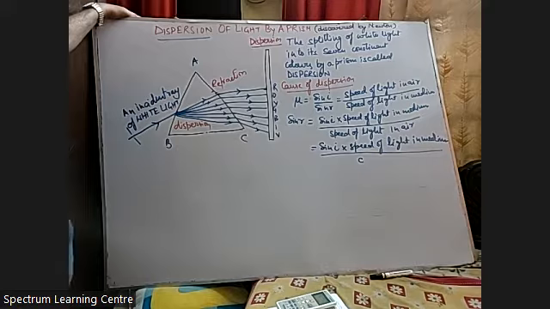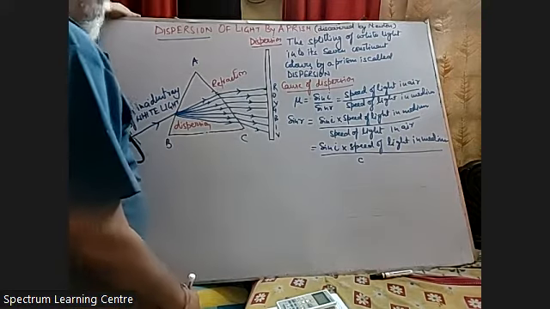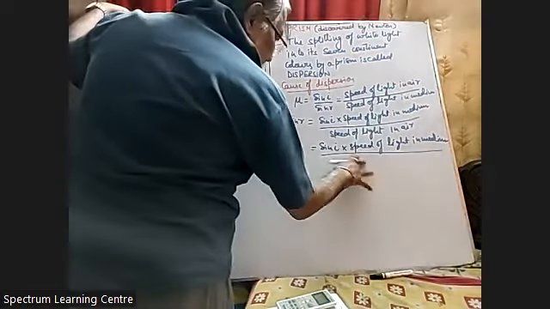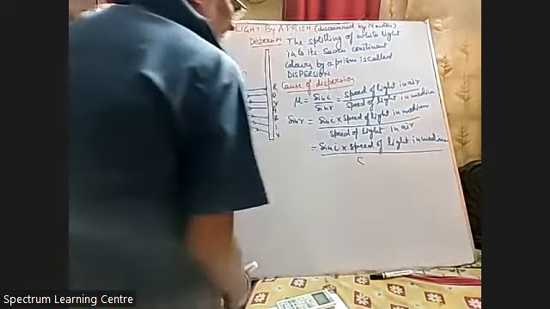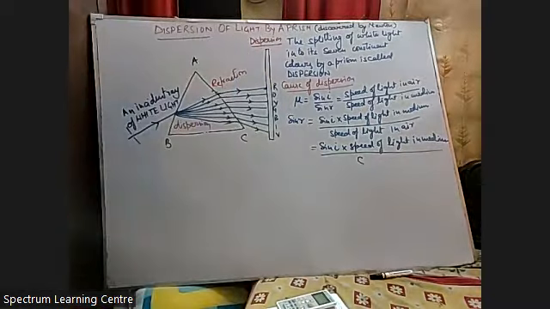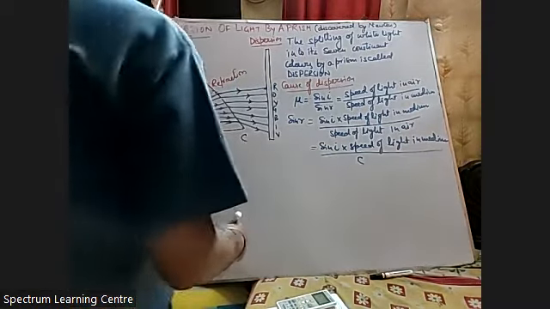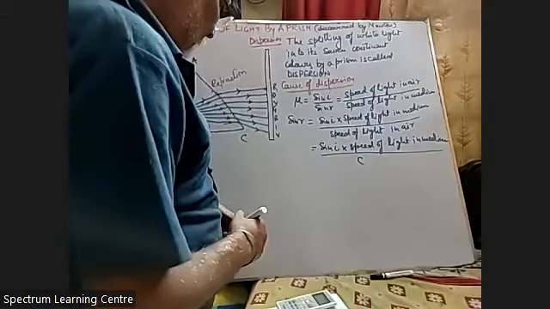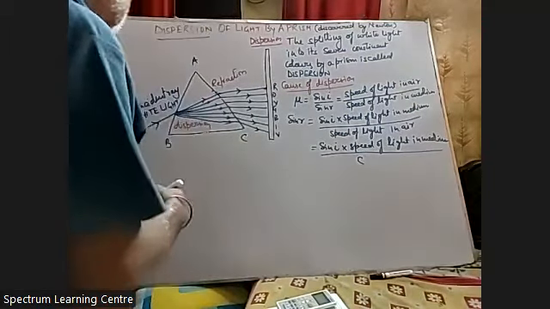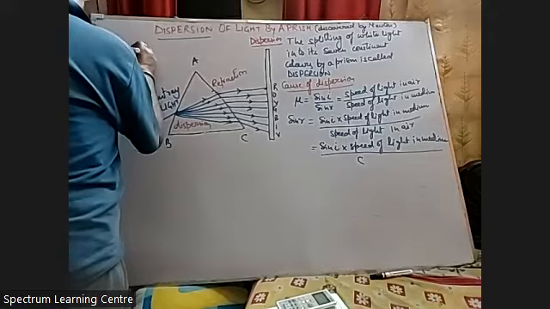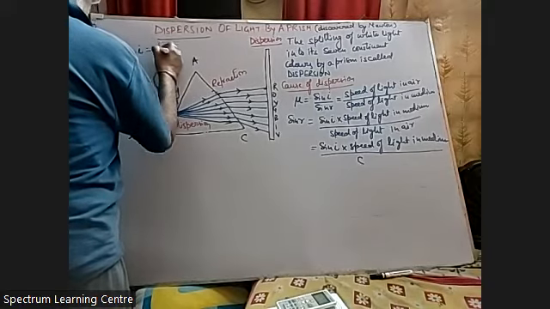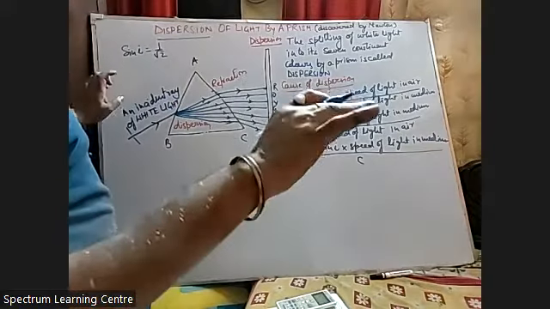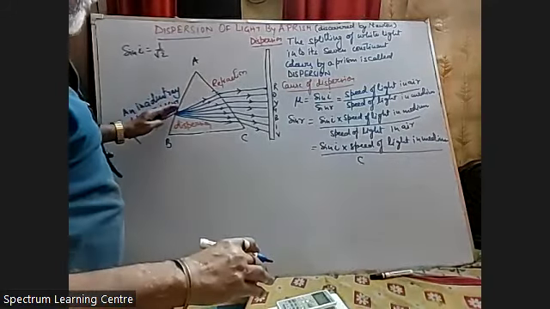It's the speed of light in air. It is denoted by C, which is constant. Now, if I keep the angle of incidence constant, say 45 degree, so sin I will be 1 by root 2. I can keep it constant, huh?